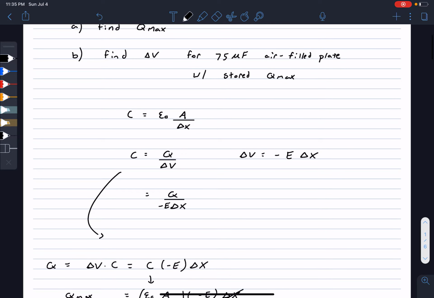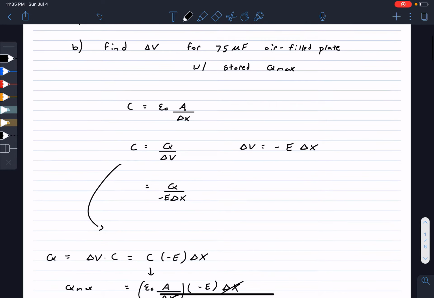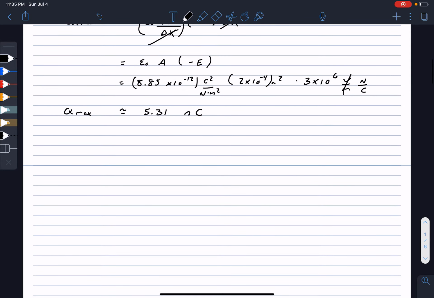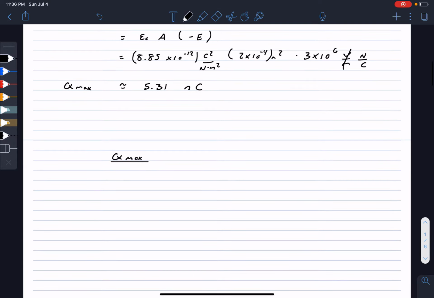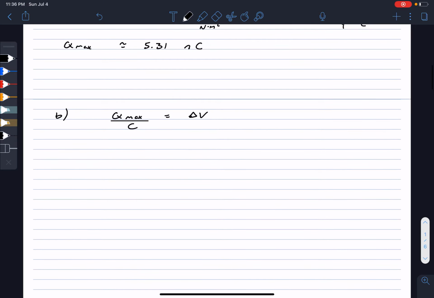Next, we want to find the electric potential difference for 75 microfarad capacitance. Okay, so we're given Q max, we know that, we found it out. We're given a capacitance. Now we can just plug this in and find the electric potential difference. 5.31 times 10 to the negative 9 coulombs, I plug this in here over the capacitance that we're given, 75 times 10 to the negative 6 farads.